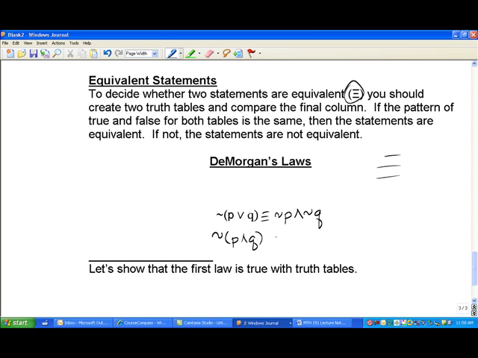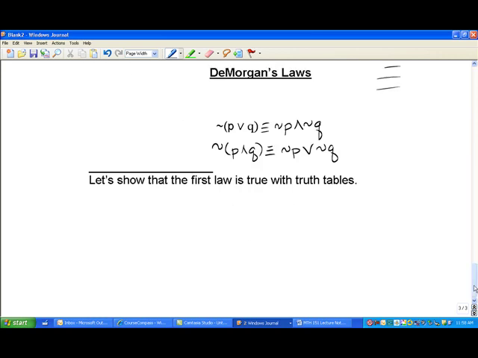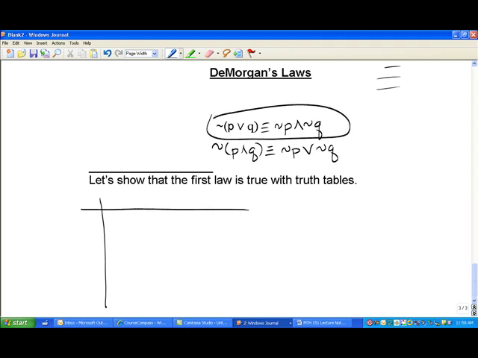They do produce equivalent statements, and I want to show you how to prove statements are equivalent by working on a truth table for each one of these. And I'm just actually going to do the first law that I have listed on my sheet. So it's only going to be 4 rows.